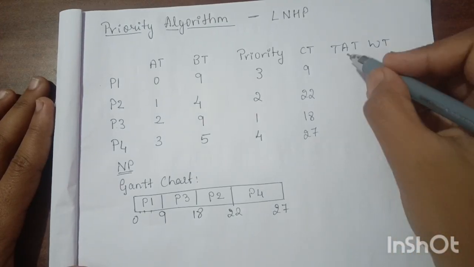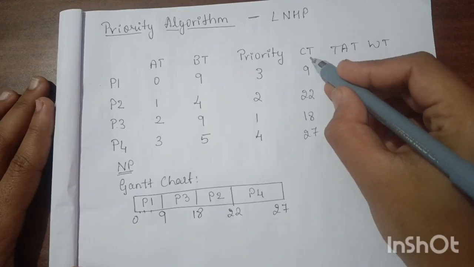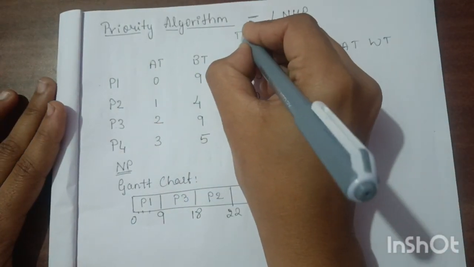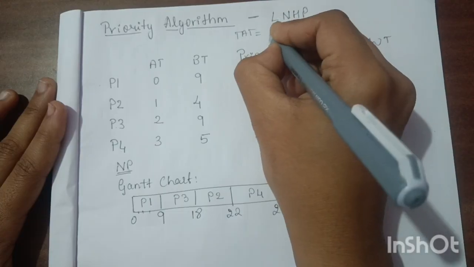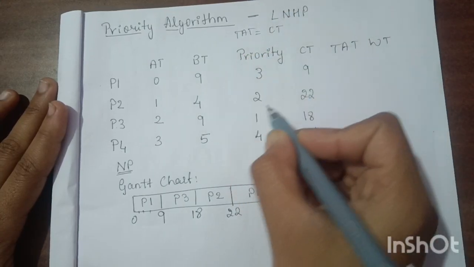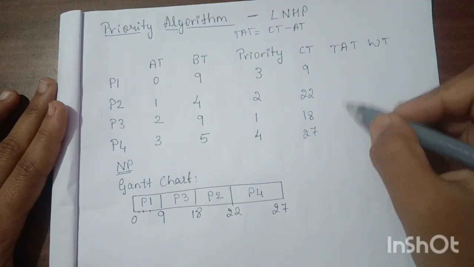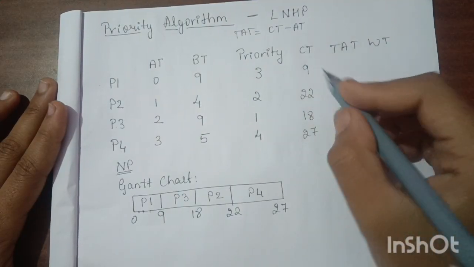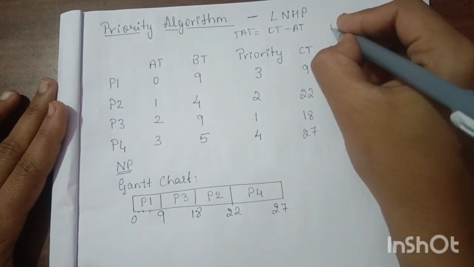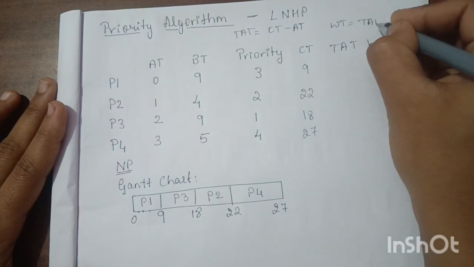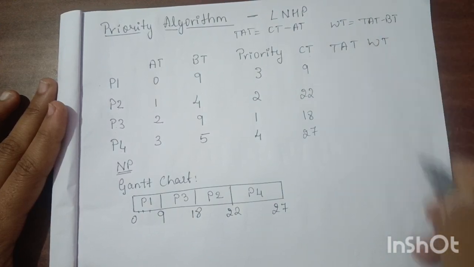Now coming to the turnaround time, it is completion time minus arrival time. Make sure you write all the formulas when you are solving, so that your evaluators know that you have solved it according to the formula and it is correct. Now the waiting time formula is turnaround time minus burst time.